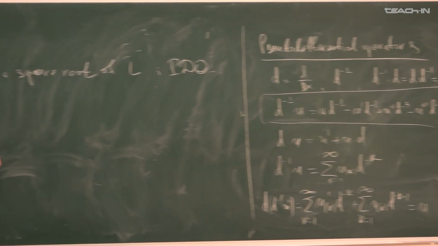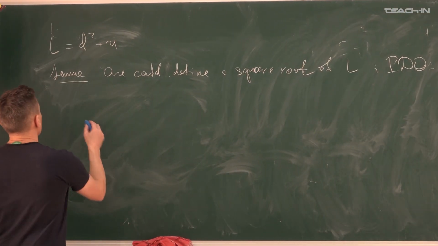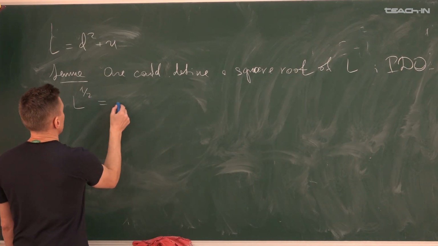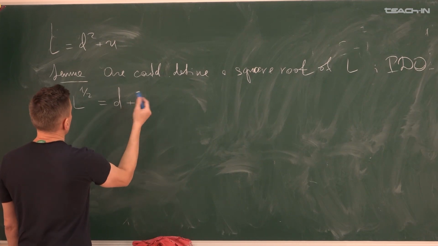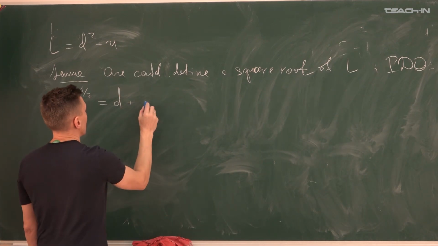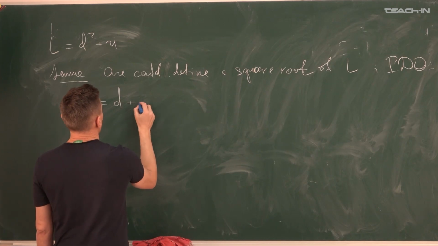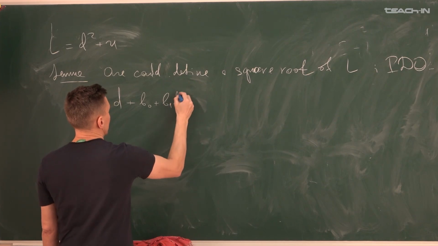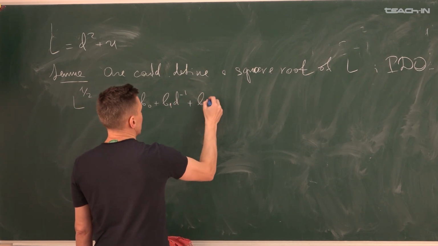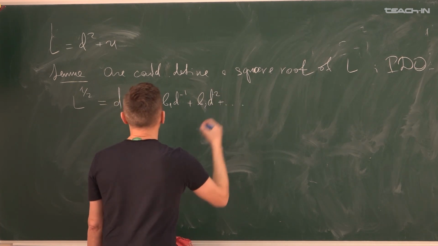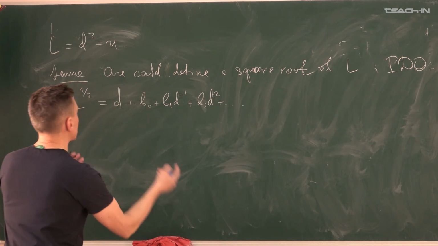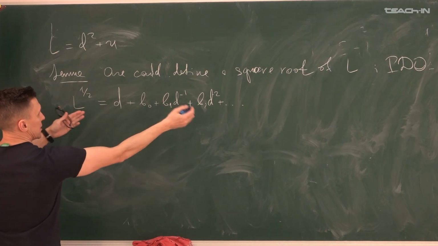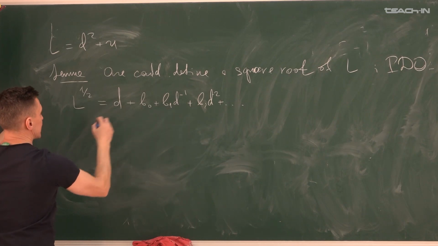So one could define a square root of L. I will denote it by L^{1/2}, and it will be d plus some terms: b0 plus b1 d minus 1 plus b2 d minus 2, etc. What to do to define this square root? Let us try to multiply to find the square of this expression.